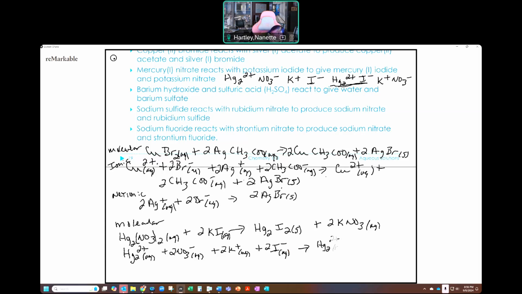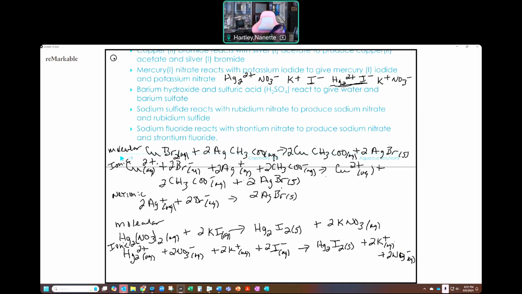I didn't want to do that because that doesn't break up. So I don't want to show the charge there. Hg2I2 solid plus 2 K plus aqueous plus 2 NO3 minus aqueous. I'm actually going to move this down, sorry, it's just not going to fit. Okay, and that's my ionic.